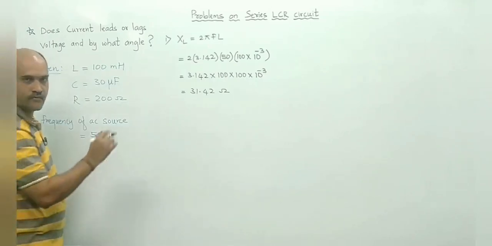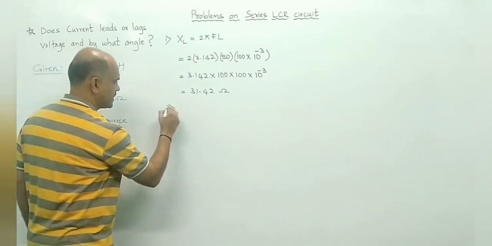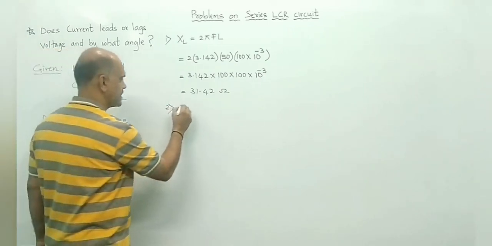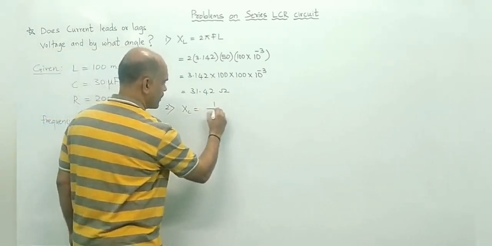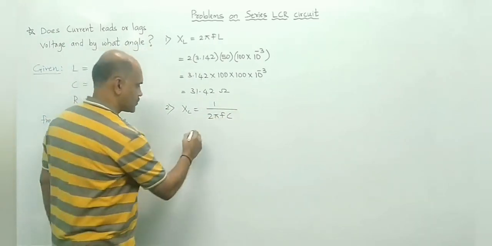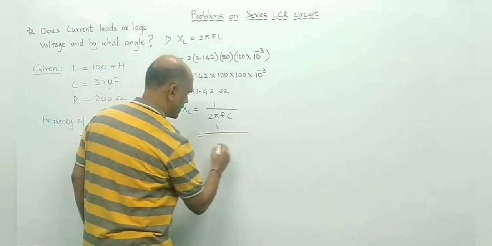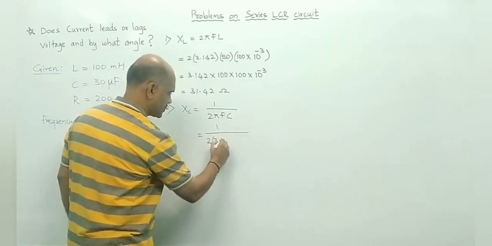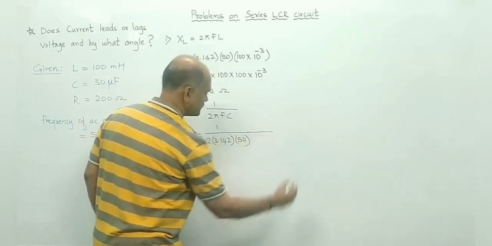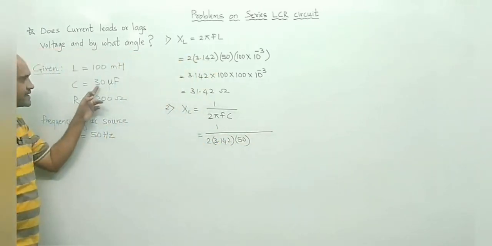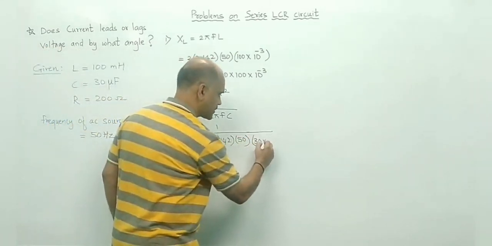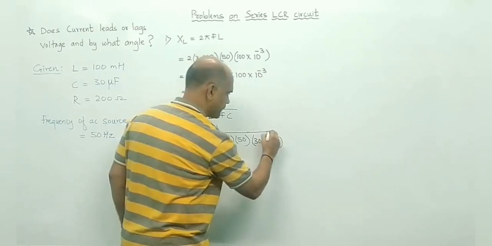Now in the second step, you calculate XC. XC is given by 1 by 2 pi f into C. So this is equal to 1 by 2 into 3.142, frequency is 50. Capacitance he has given as 30 microfarad, so 30 into 10 raised to minus 6.